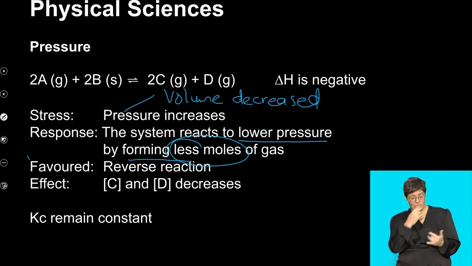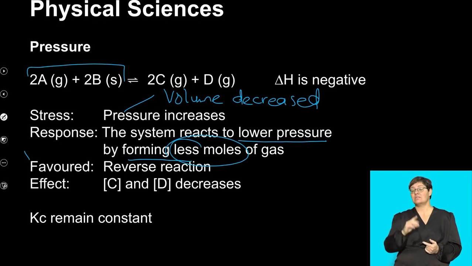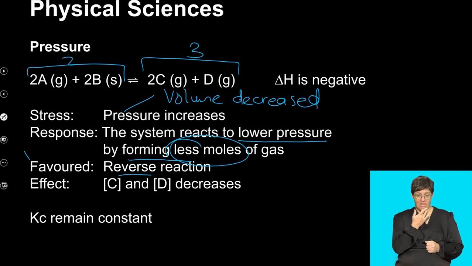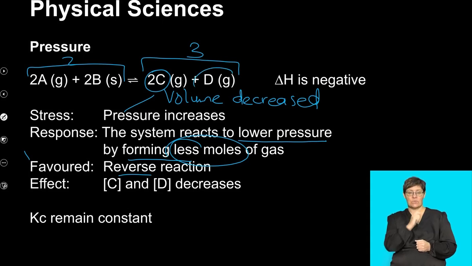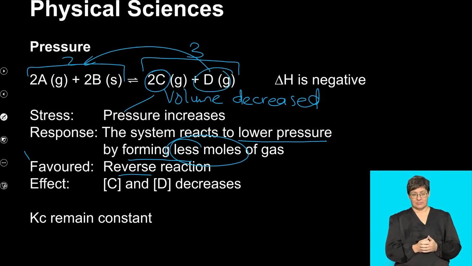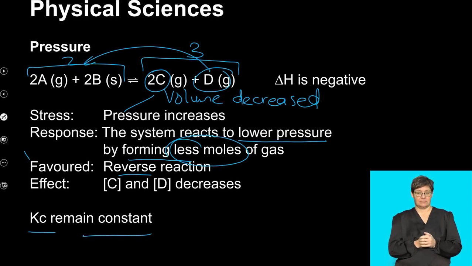Our least number of moles is this side, because on this side we have 3. So the reverse reaction will be favored. And if the reverse reaction is favored, it means we will use C and D to make more of A. So Kc will remain the same.